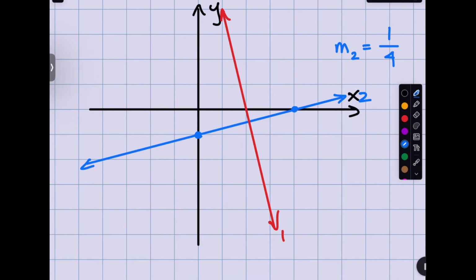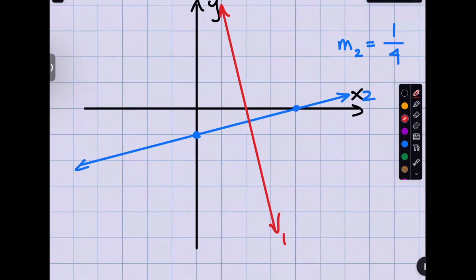So then I looked at, okay, so I drew line 1, and I said, okay, what is that slope? So let's pick 2 points there. Let's go from one point to the other. What's my slope there? What's the rise? What's the run?